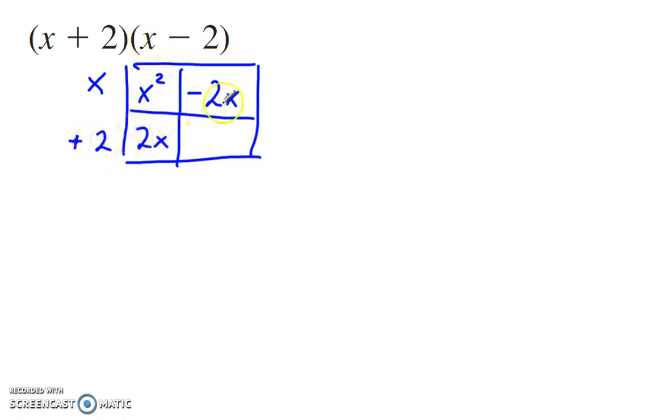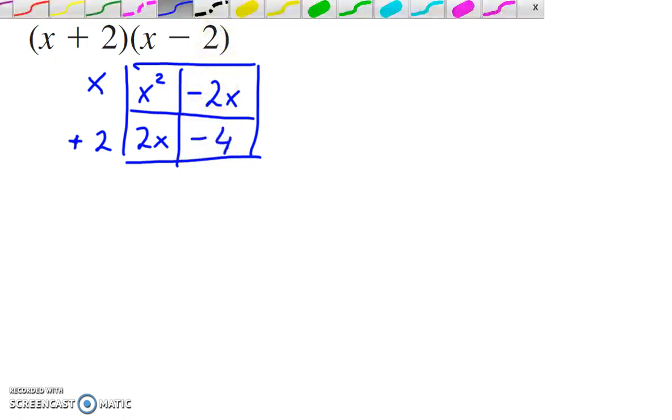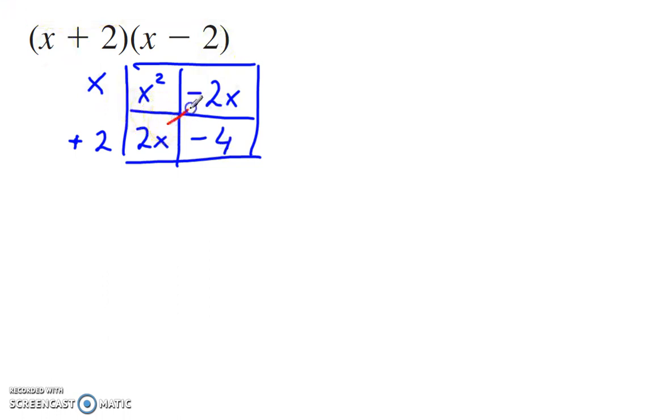And then 2 times negative 2 is negative 4. Notice now that these two terms are opposite terms, so they cancel out. Plus 2x, minus 2x cancel out, and we're left with x squared minus 4.